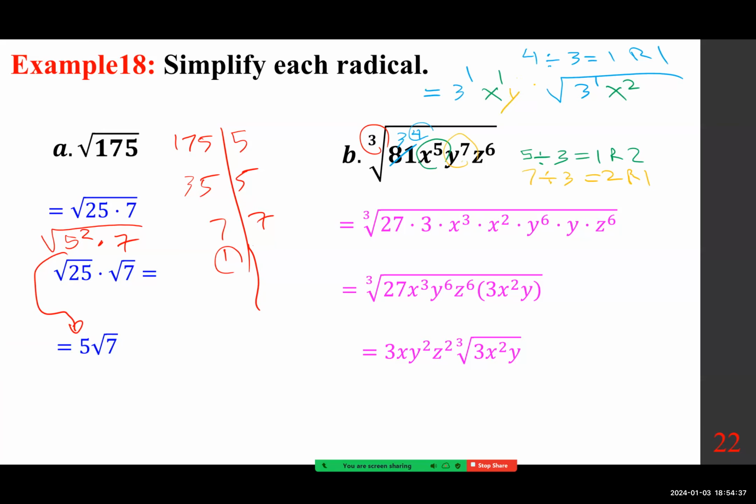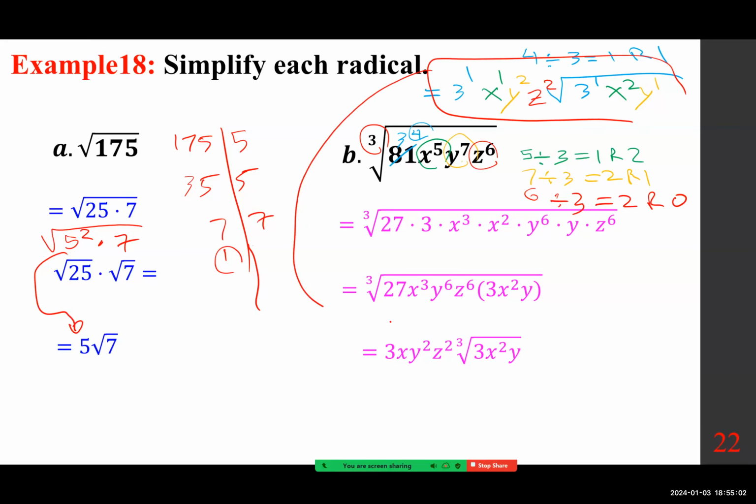So y to the power of 2, and inside goes y to the power of the remainder. This one, 6 divided by 3 is 2 with the remainder 0. So there is nothing that goes underneath, but rather it's z squared. And then I put 3 to the power of 1, so it becomes clear it's 3xy squared. This is the better way and a faster way, I believe.